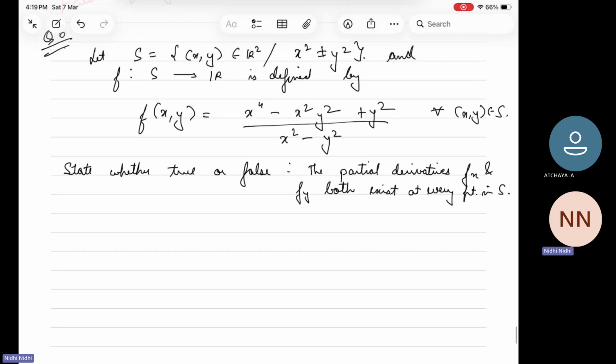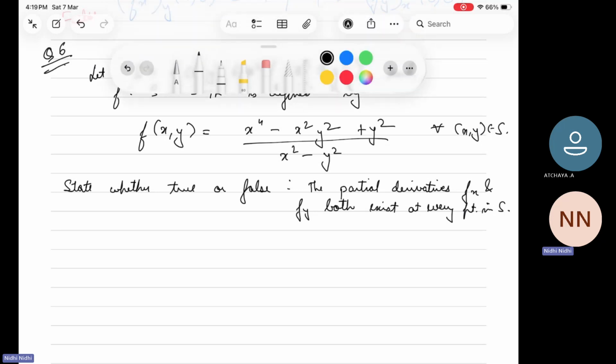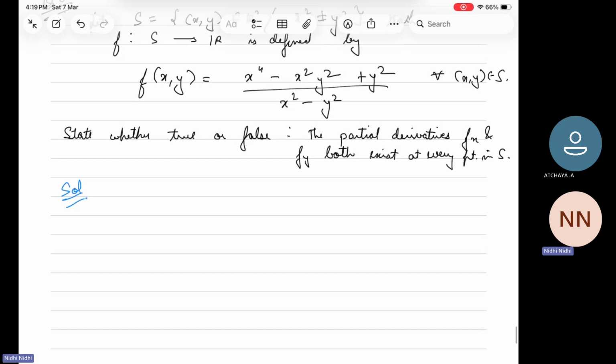So this will be a good exercise to check the partial derivatives using the limit definition of partial derivatives. If the limit exists, then we can directly say that the derivatives exist, and if the limit does not exist, the partial derivatives do not exist as well.